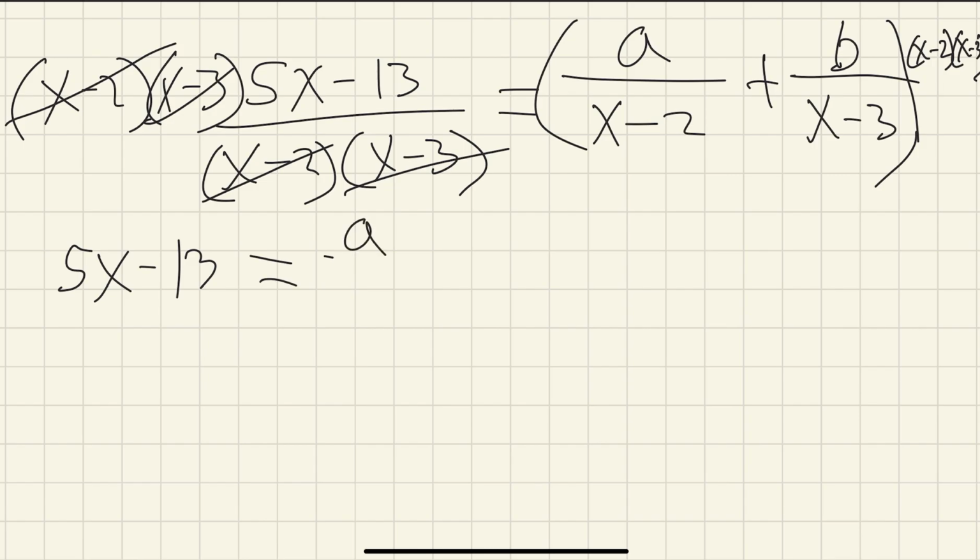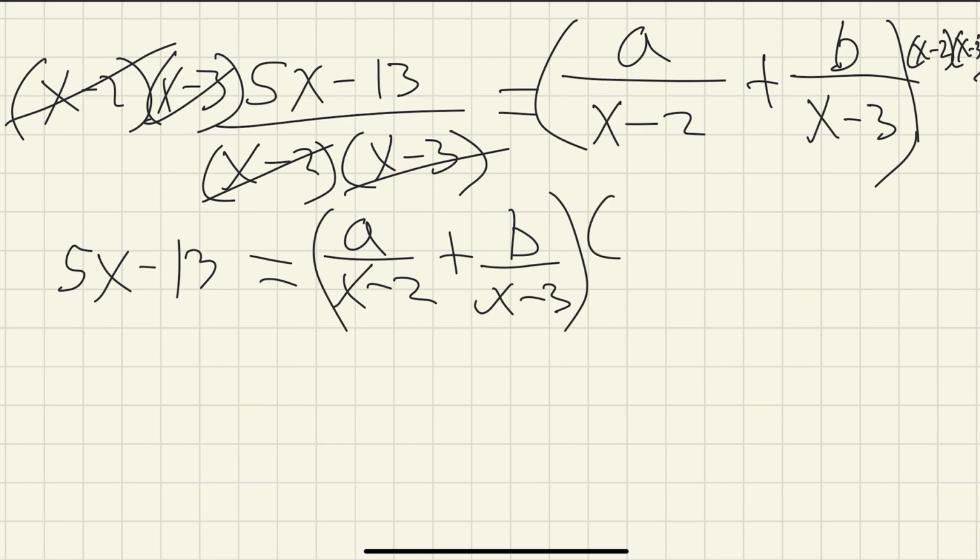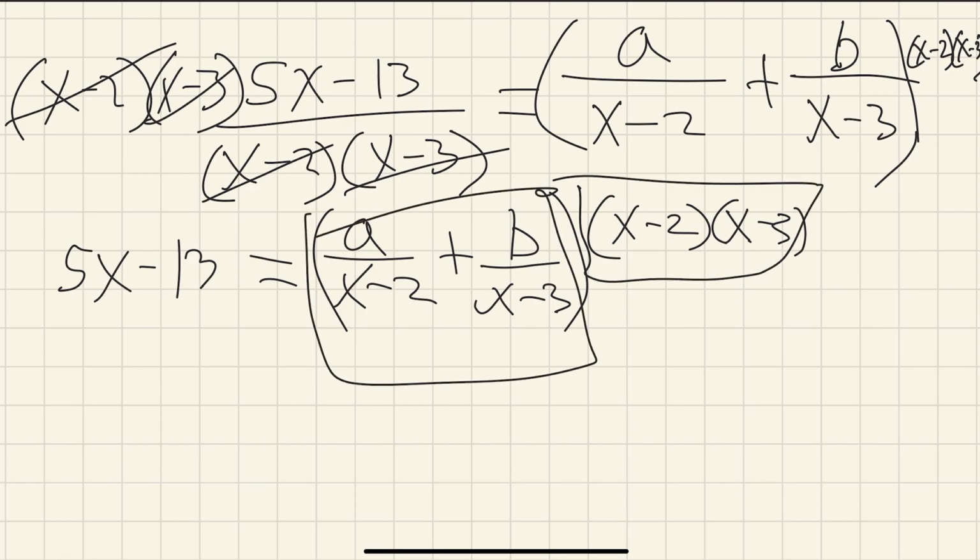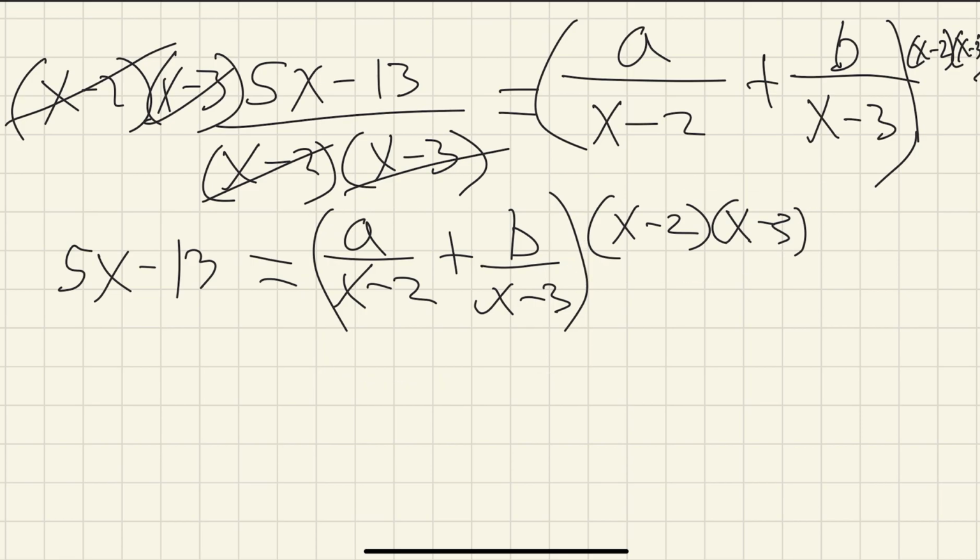But now we have our A over x minus 2 plus B over x minus 3 times x minus 2, x minus 3. So now what we need to do, and again, we'll always be doing this, is multiplying this stuff out. So I'm going to write it as we go.